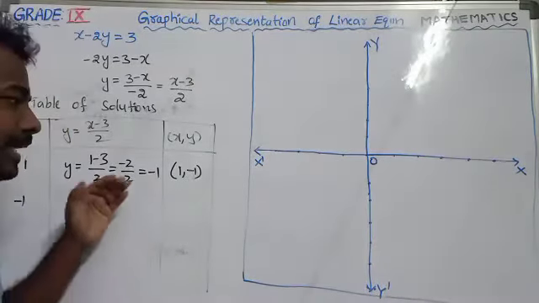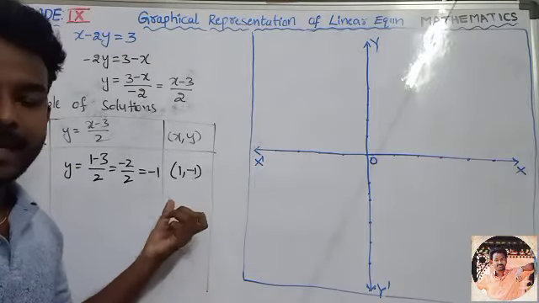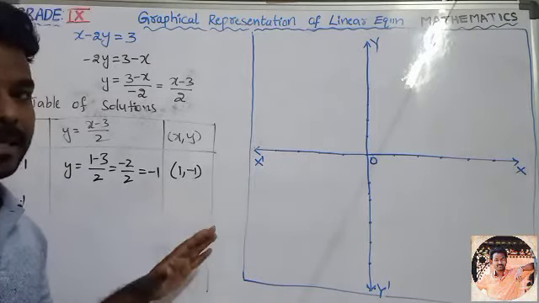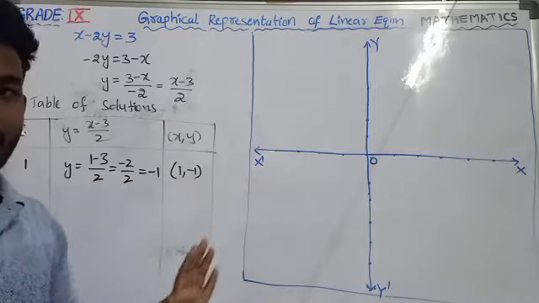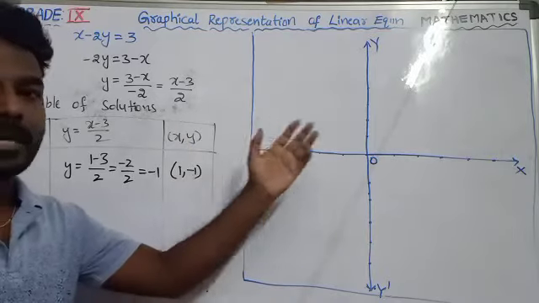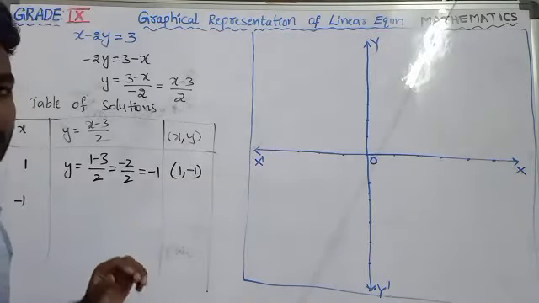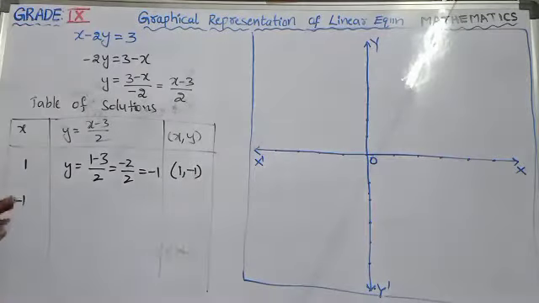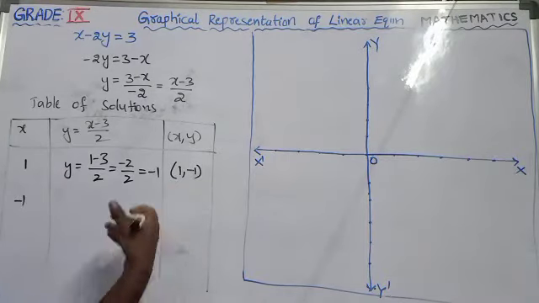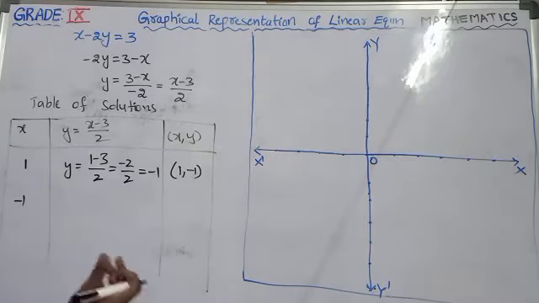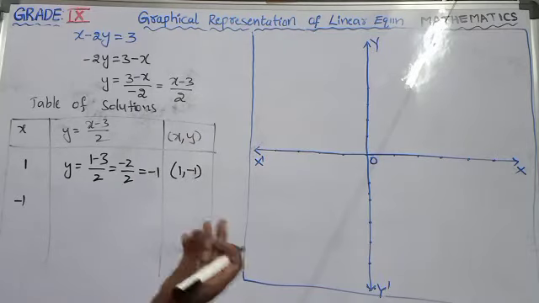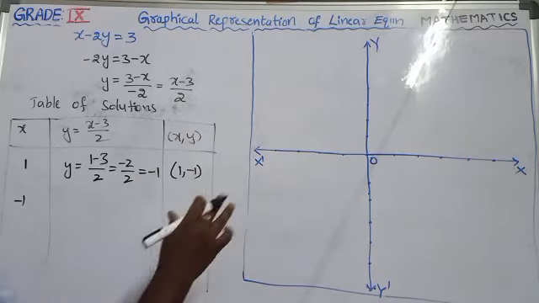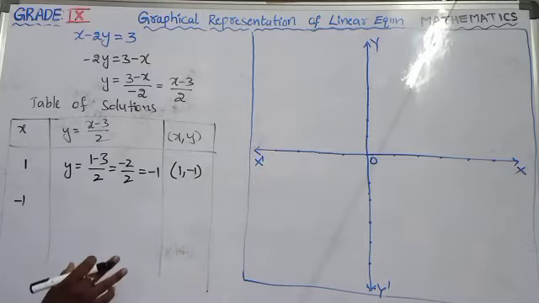But if there is no chance of getting integers as solutions, in that case we use that procedure only, whatever we get we represent on the graph sheet. But try to find the solutions in terms of integers. If you don't get integers, you can go through p by q forms, like 0.25 or 0.75, which you can also locate approximately, but not exactly.